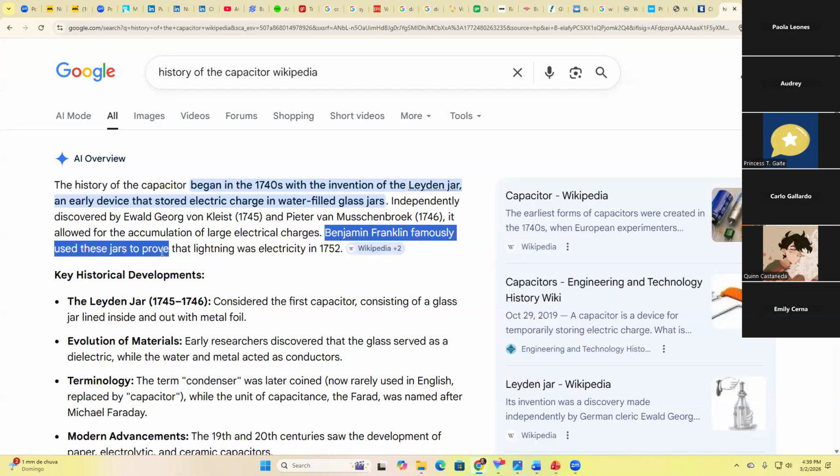Famously used those jars to prove that lightning was electricity in 1752. Benjamin Franklin was almost killed by that experiment. He was a brave man who risked his life in pursuit of science. And here are a bunch of capacitors that are sold out there in commerce.